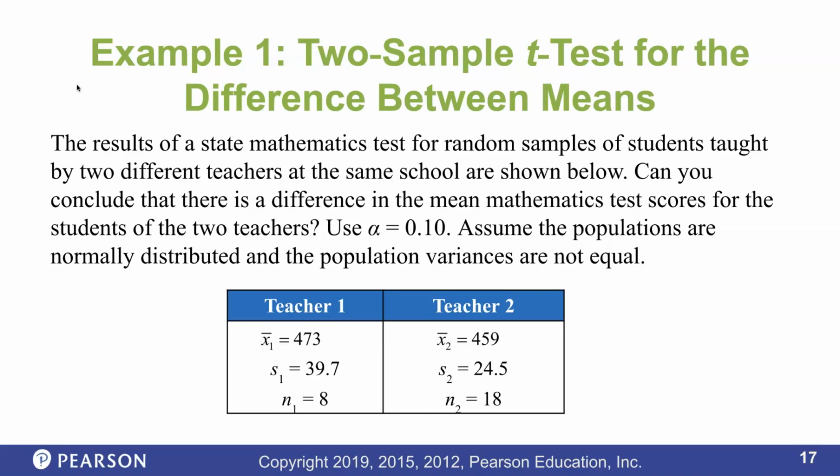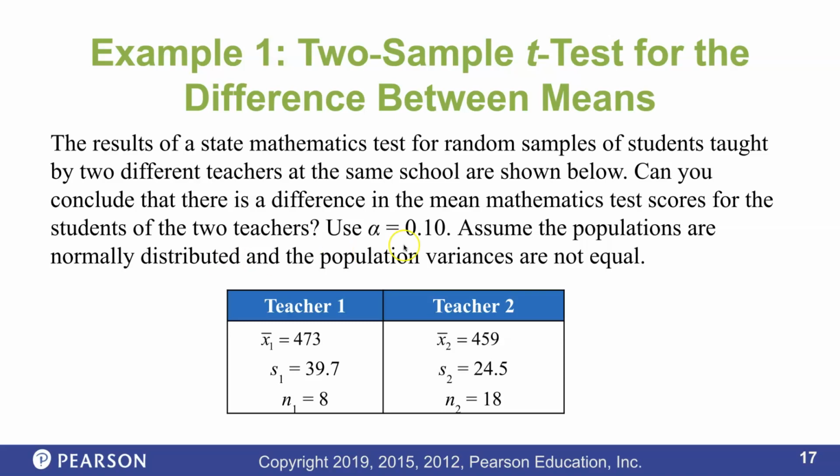We needed both sample sizes to be at least 30. In this table, teacher 1 taught how many students? 8 students, okay? Teacher 2 only had how many students? 18 students. So we almost couldn't do the t-test, but they did tell us that populations are normally distributed. So we're okay there. Whew.